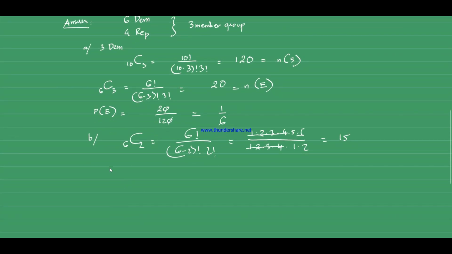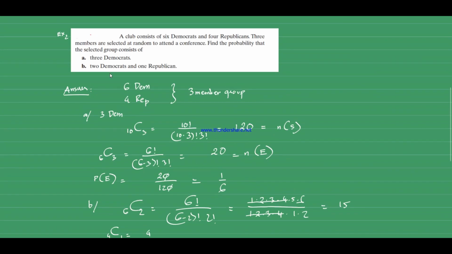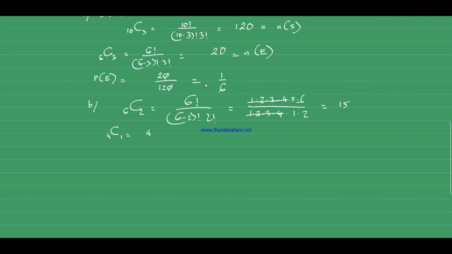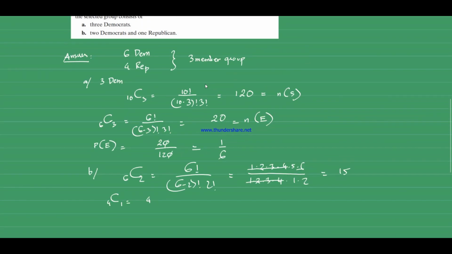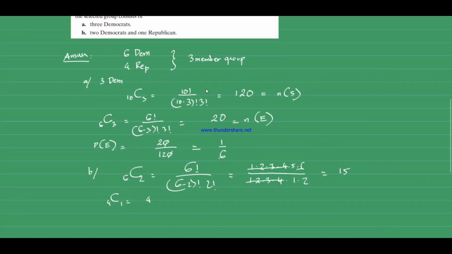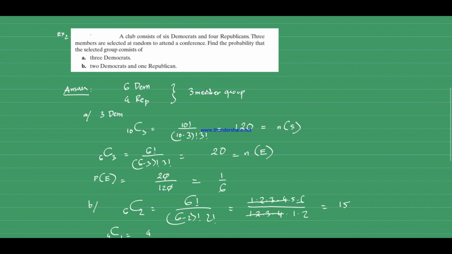For the Republican, you're going to do C(4,1), which is just 4. But we want to find a group of 2 Democrats and 1 Republican.